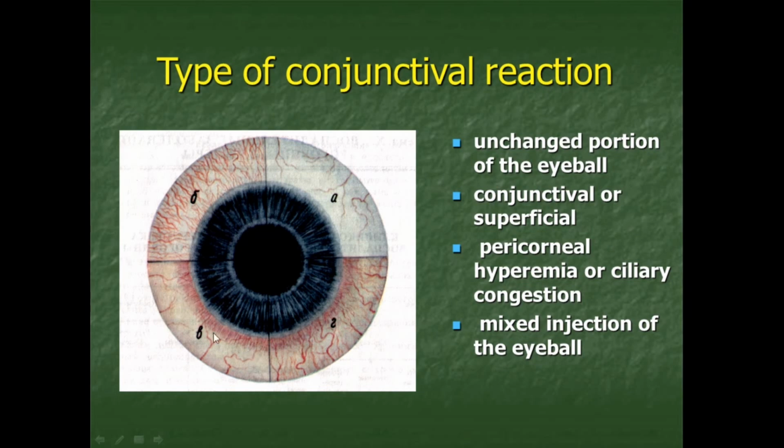On this chart, you can see pericorneal hyperemia of the eye or ciliary congestion. And on this part of the picture, you can see mixed injection of the eyeball. When we speak about redness in the case of conjunctivitis, it's a superficial redness. When we speak about keratitis, usually it's pericorneal or mixed hyperemia or injection.